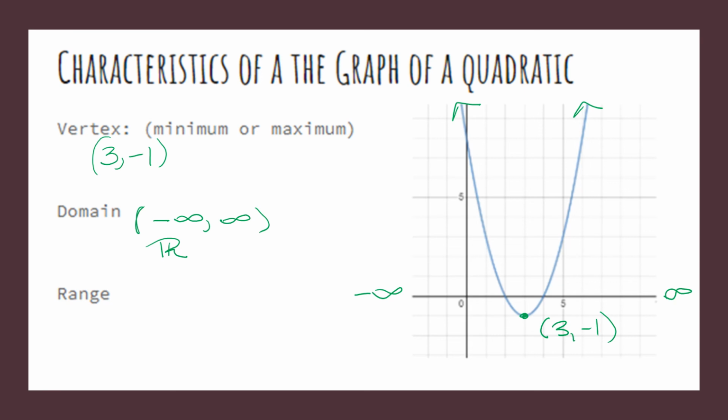Now the range is all of my y values. What I want you to notice is that because my arrows point up, it's never ever going to go below the vertex. So my lowest value is the y. It will never go below -1. So we use a brace to say -1, and it's going to go all the way up to positive infinity.